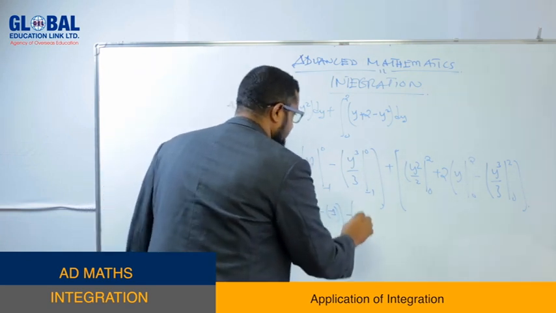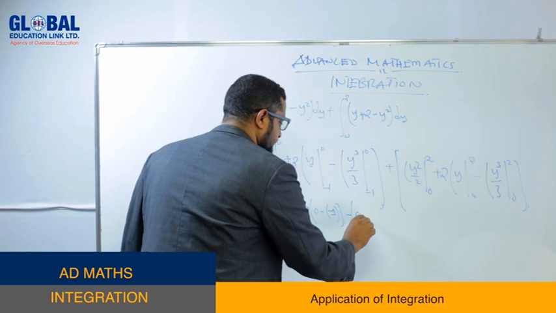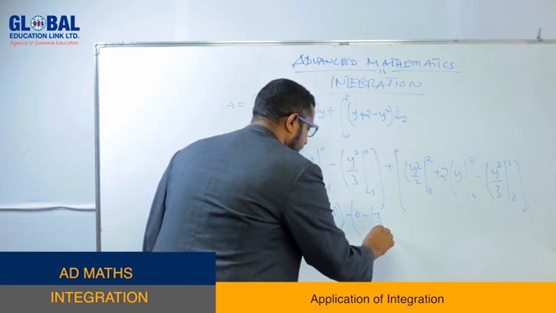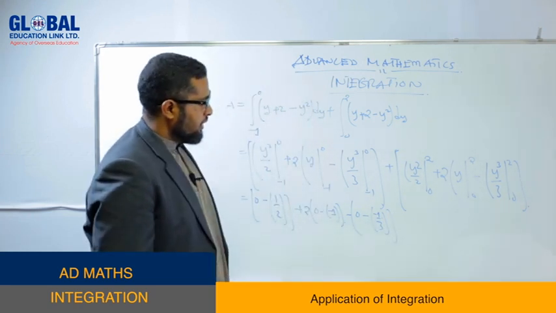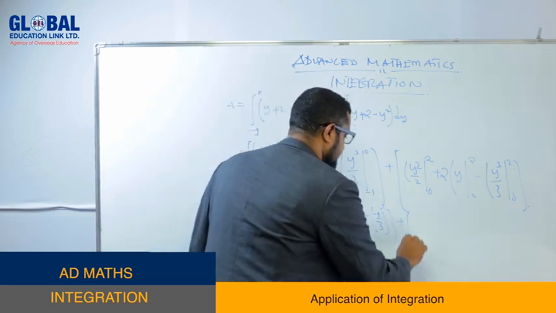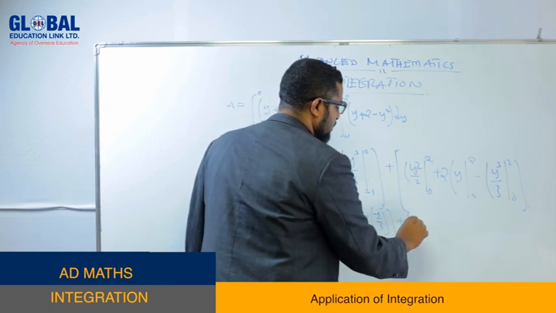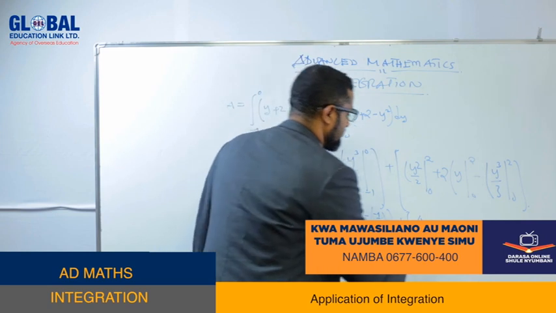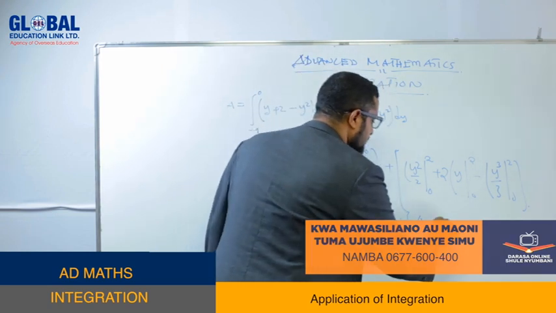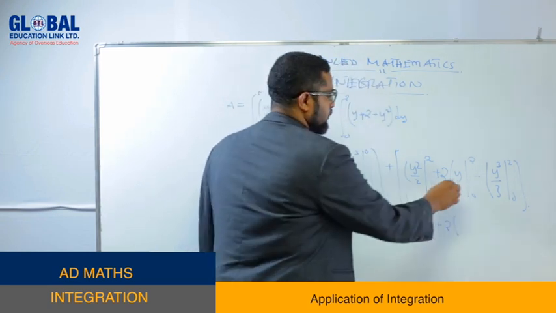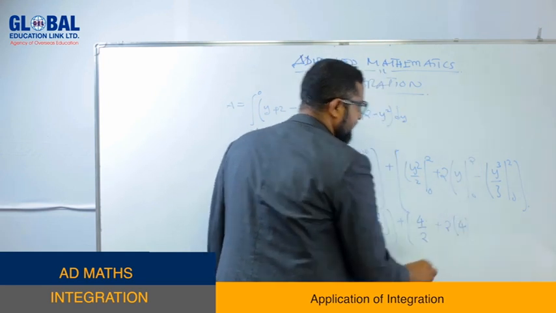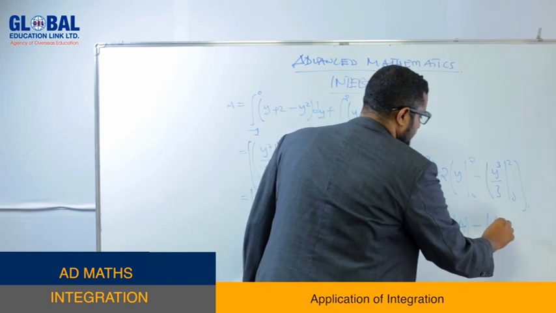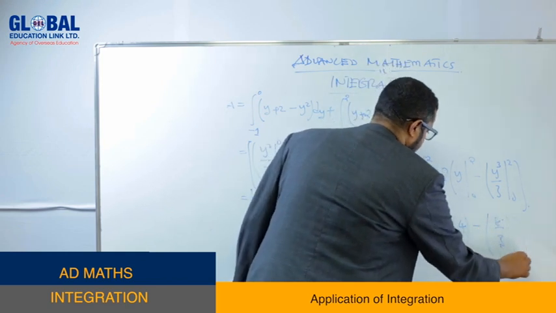Then we minus, it is 0 minus again negative 1 cubed over 3. Then you are going to plus the second part. So that one will be equal to 4 over 2 plus 2 bracket 2, power 2 is just 4. Then minus, that one is 8 over 3.